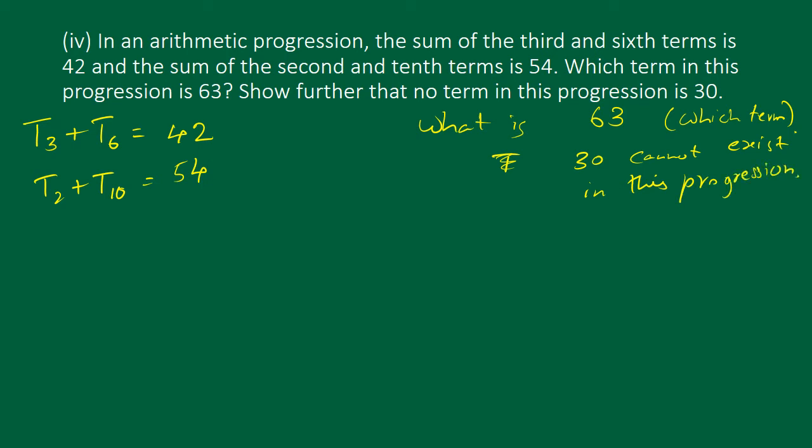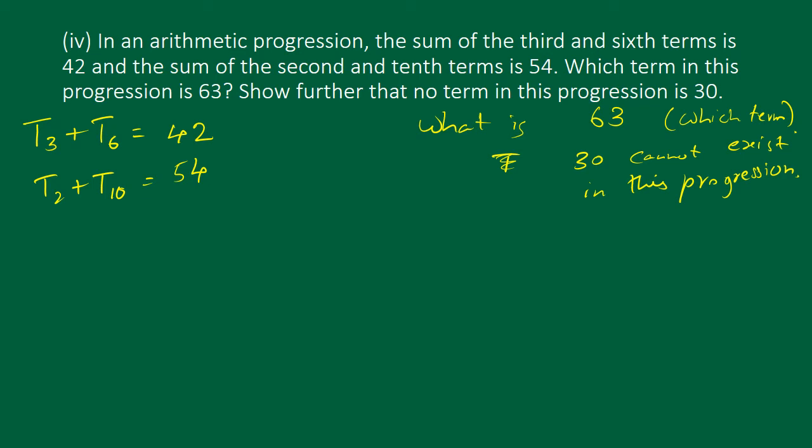So that's what you have to show. And you know what we have to do? We have to find out a, we have to find out d, we have to find out all these things to get the answers for these things, right?